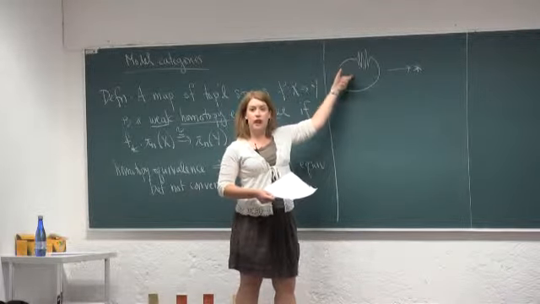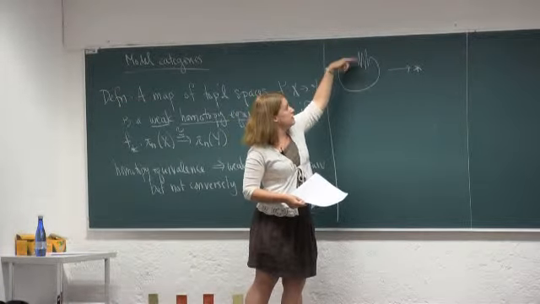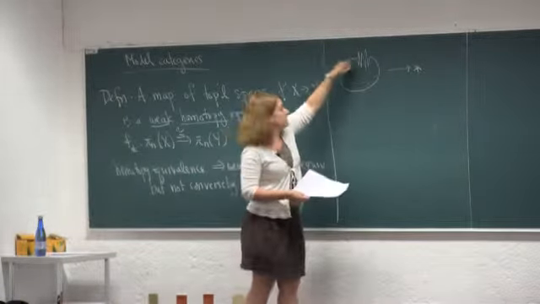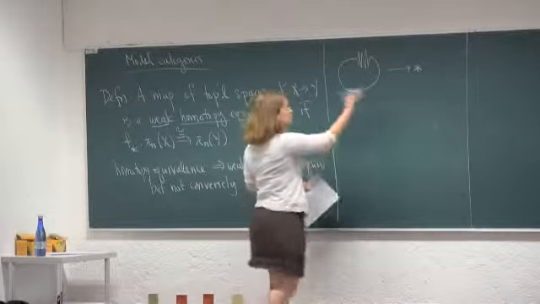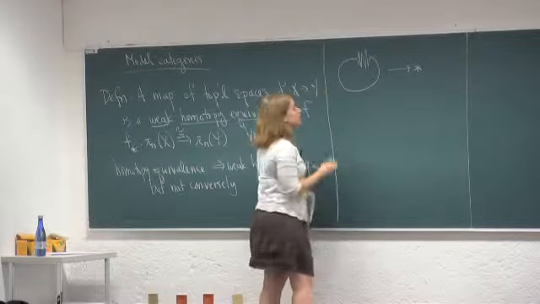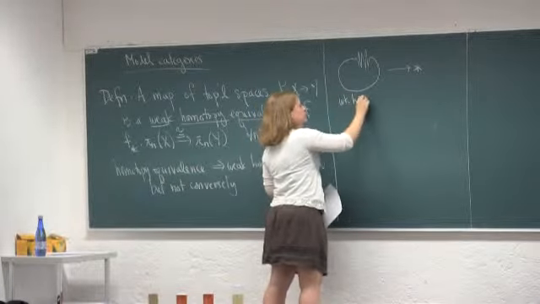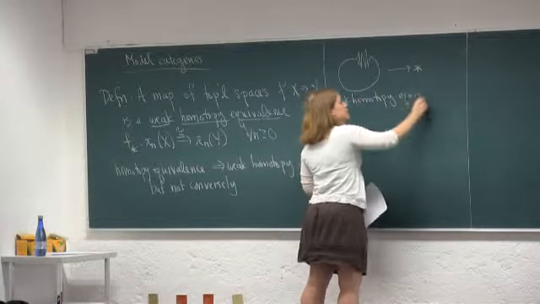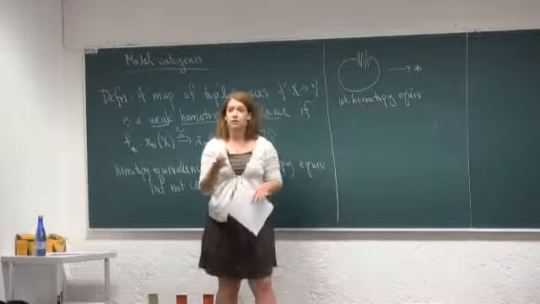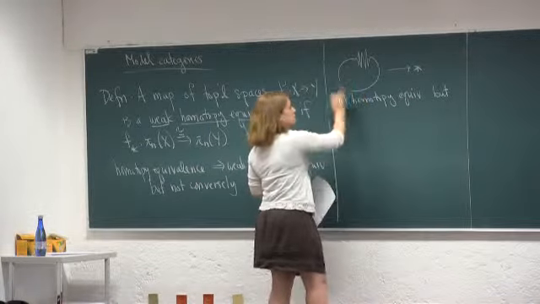In particular, it has no interesting pi 1, because of the crazy behavior here, you can't actually map a circle in nicely. So collapsing this down to a point is a weak homotopy equivalence. Both spaces have all zero homotopy groups, but it's not a homotopy equivalence. This is not contractible.